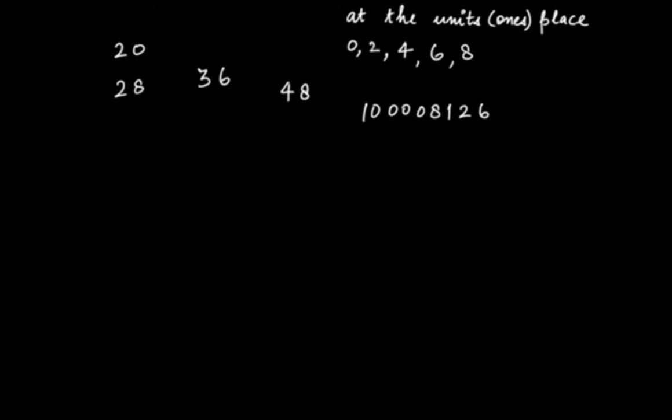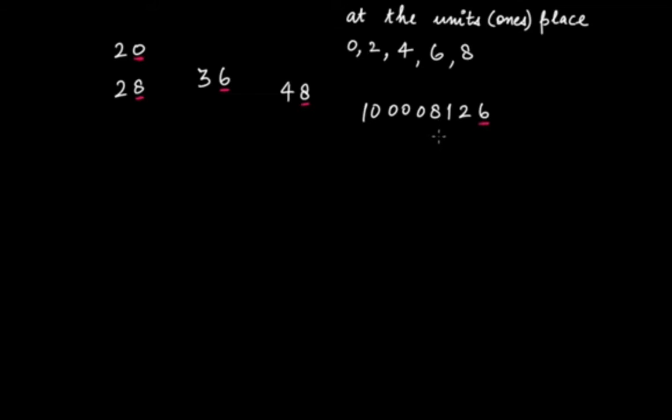In all these numbers, at the units place, in this case you have 0, in this number you have 8, in this number 36 you have 6 as the digit on the units place, here you have 8, and in this case you have 6 at the units place.